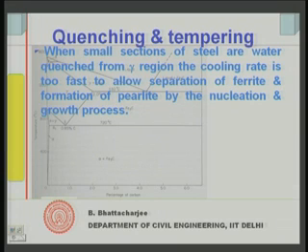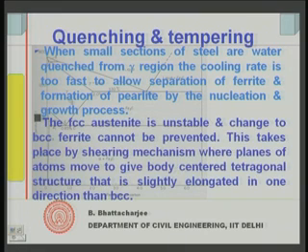So, what happens? We know that austenite is face centered cubic, and it should become body centered cubic. Now, we are cooling it rapidly, and under such conditions face centered cubic austenite is unstable, but it does not have time to get quickly converted into body centered ferrite structure, and since it is unstable it cannot be prevented either.